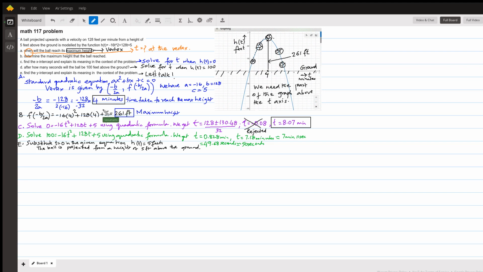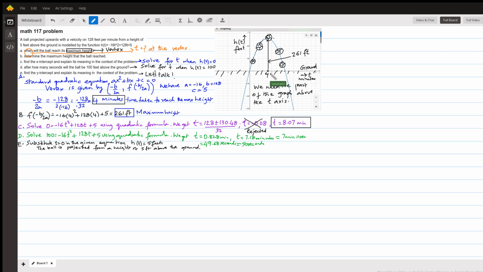When you compare the standard quadratic equation with the equation that's given, a is negative 16, b is 128, c is 5. I substituted for b and a in the expression negative b over 2a, and it comes to 4 minutes.